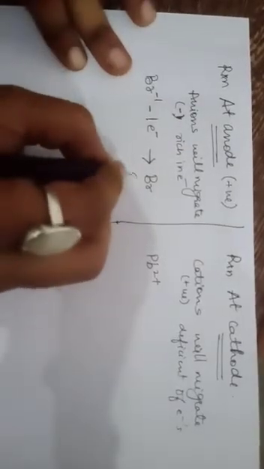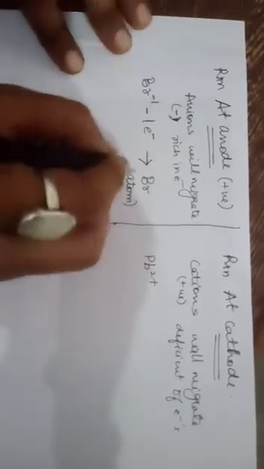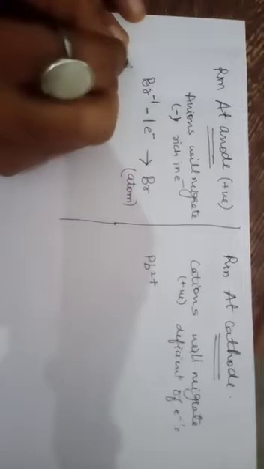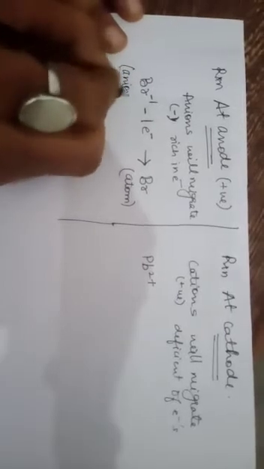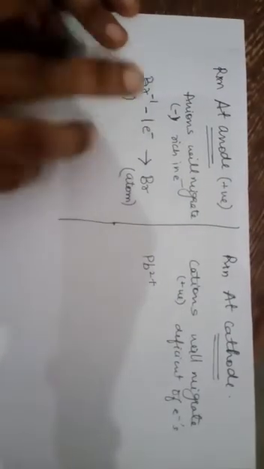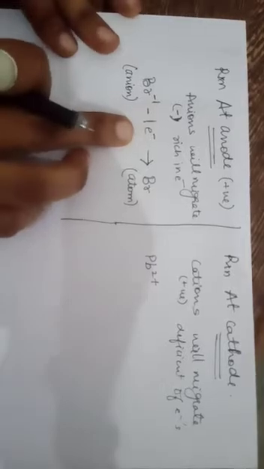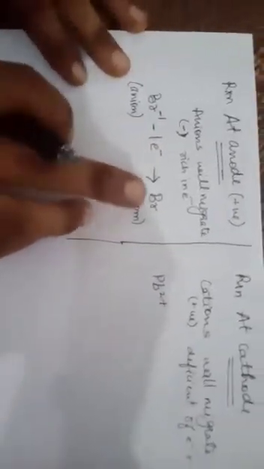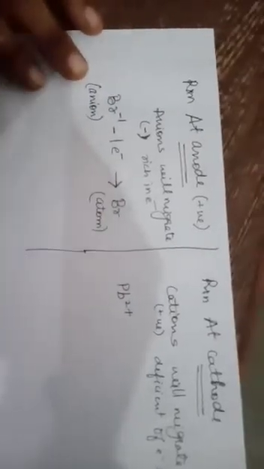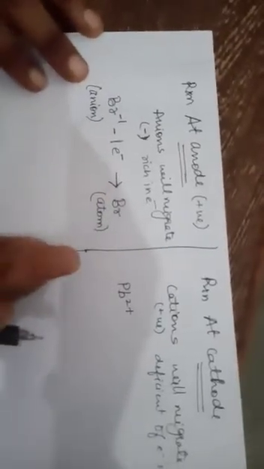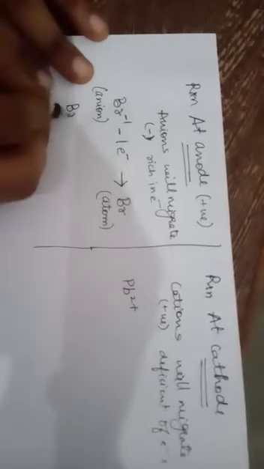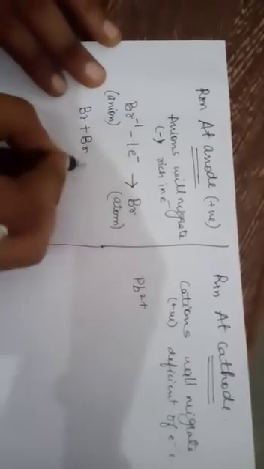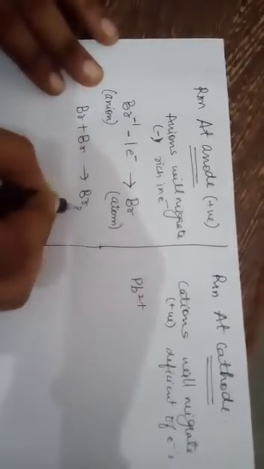This is a neutral atom of Br, and this is your anion. So bromide will lose 1 electron at the anode and form Br. Now what will happen? This way another bromine atom will reach. So say two bromine atoms will combine and form the product, what?